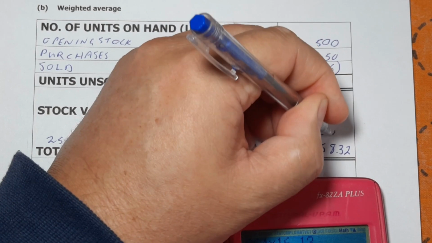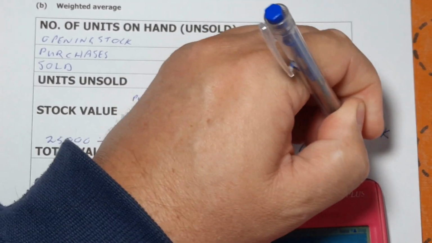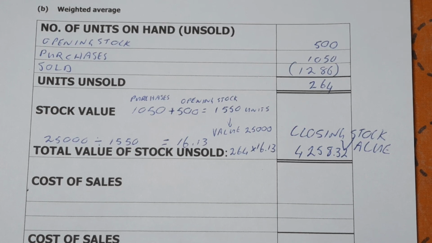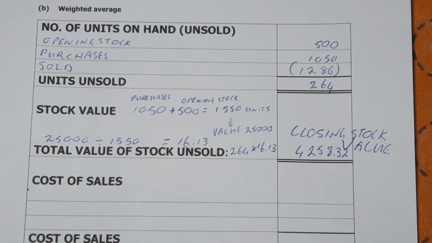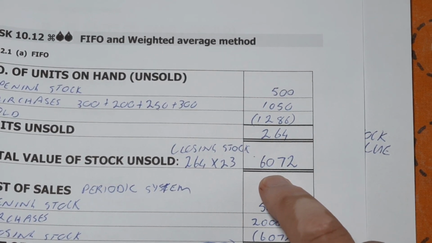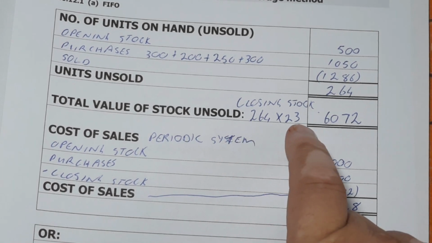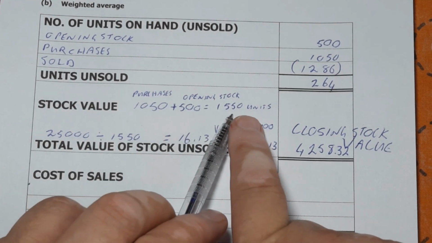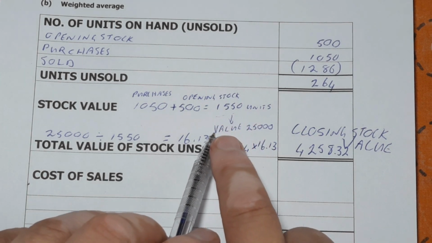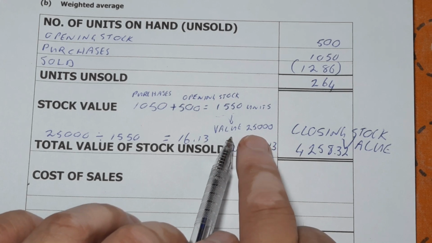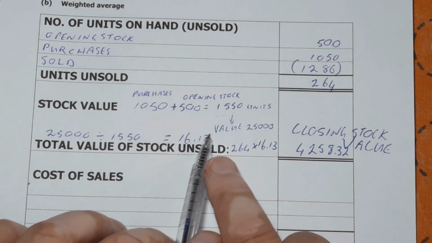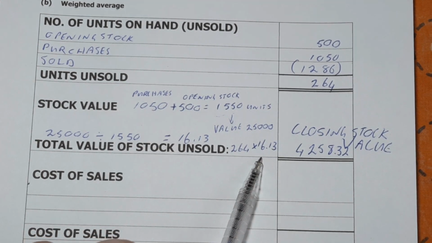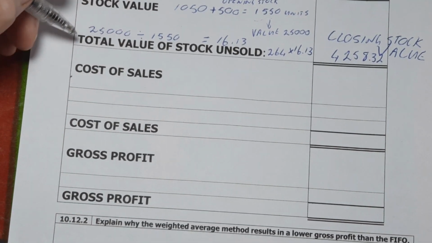So this would be our closing stock value, which is important because we worked out the closing stock value for the other method. The total value for the first in, first out method would be 6,072, because we used 264 times 23. Here we used the weighted average method. We added all the units available for selling and divided the value of those units by the amount of units, which gives us a lower average price of 16 Rand 13.